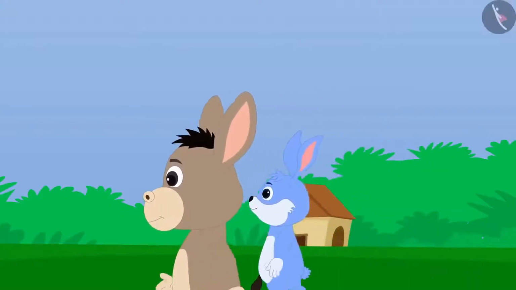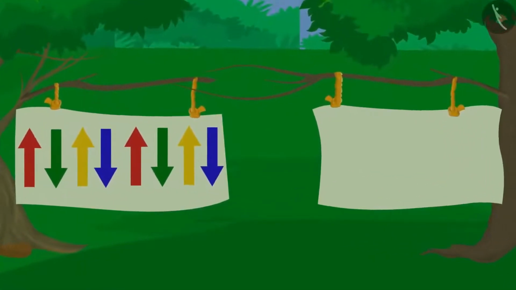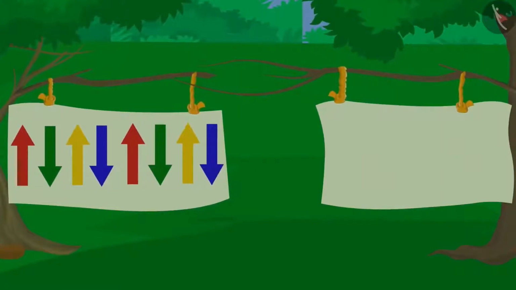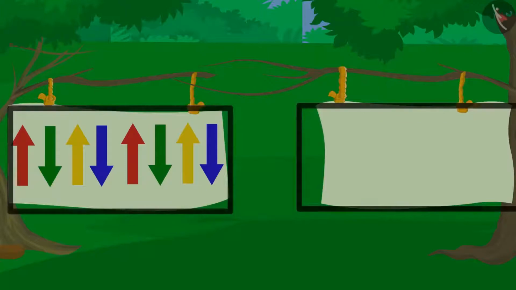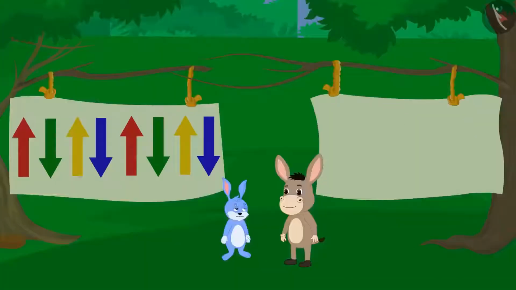At some distance, they saw a curtain between two trees. The curtain is divided into two parts. This kind of pattern is made on one part of the curtain.